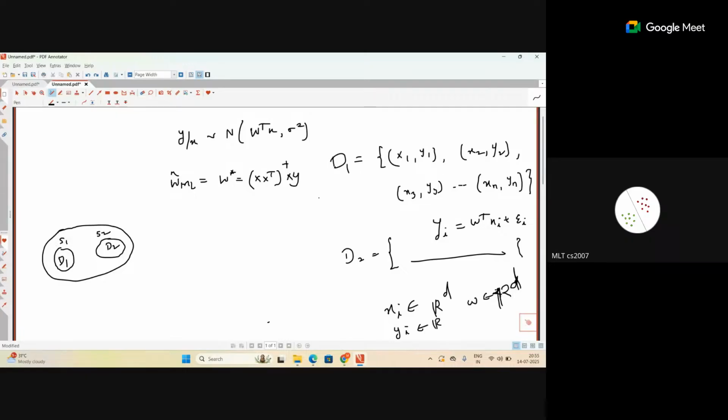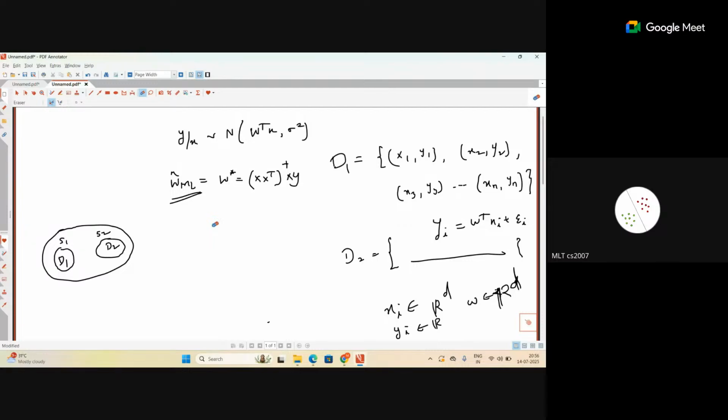W hat ML is the solution, and anyway it should be the same for you and me. W hat ML is the maximum likelihood, so we are maximizing the likelihood, and at the end it should give me the final, straight correct answer. But you just think about it.